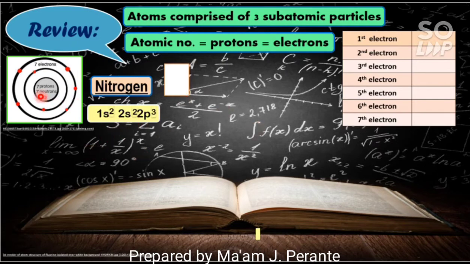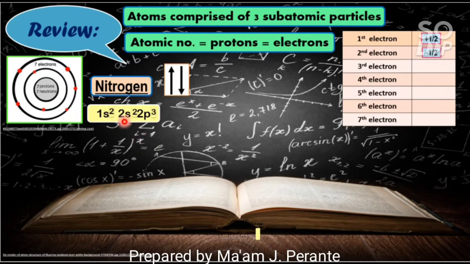So let's have a recap of this nitrogen element about its atomic orbital and its spin. So one arrow up. What is the equivalent spin of the arrow up? That is positive 1/2. And then the second electron inside the 1s2 is arrow down, and that is equivalent to negative 1/2.